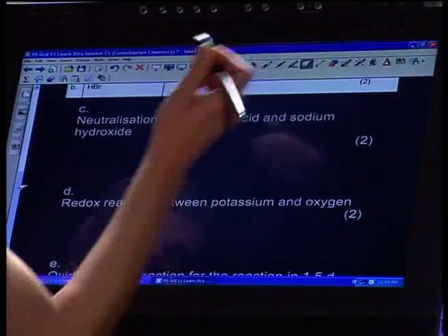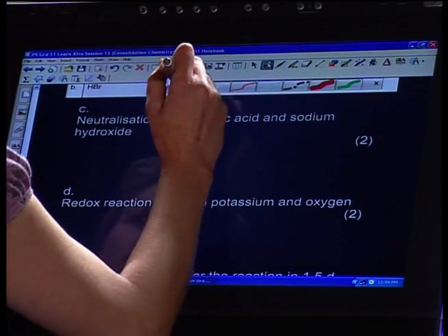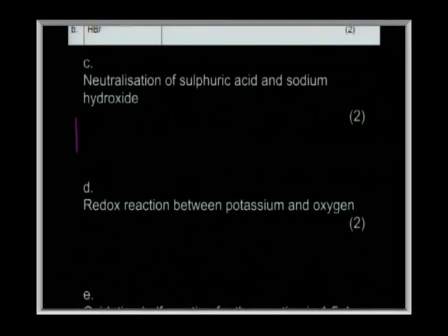Okay, so the first challenge is now you are not given the chemical compound, so you've got to know what sulfuric acid is. And I would hope that by this time in your grade 11 career, that's not too much of a problem. Sulfuric acid is, of course, H2SO4.